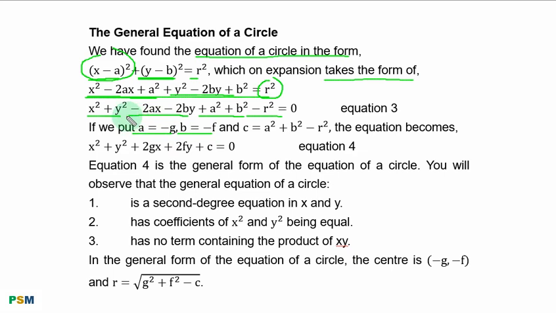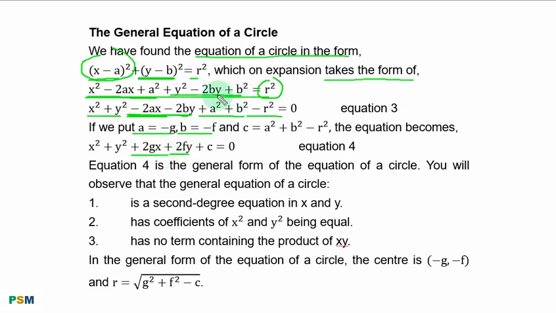Now, if you come here and replace a with minus g, the sign will be positive. You have plus 2gx. You replace b with minus f. Here becomes plus 2fy.